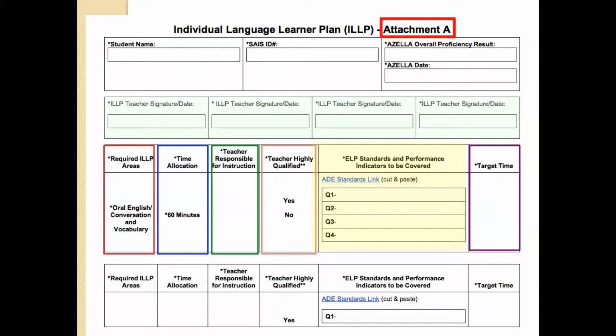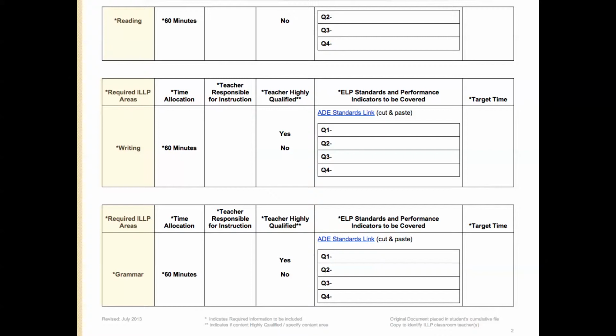The highlighted column is where 4 to 5 performance indicators are identified using the ELP standards. And the final column, outlined in purple, is the target date for student mastery of the standards. The final 3 areas, reading, writing, and grammar, are continued on page 2 of Attachment A.